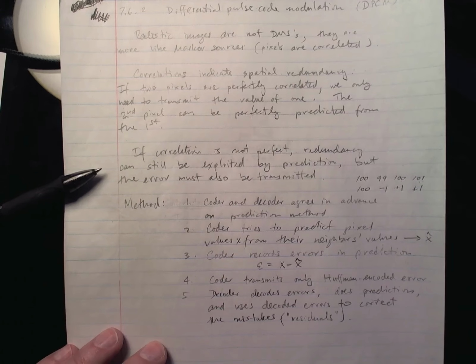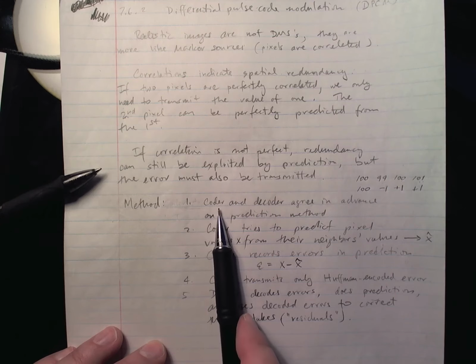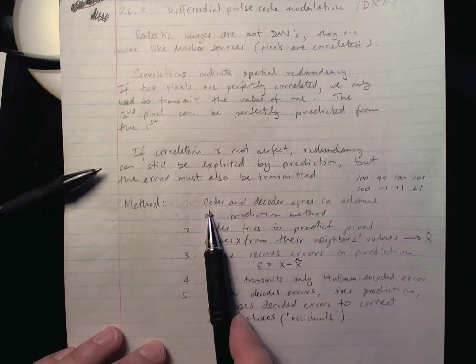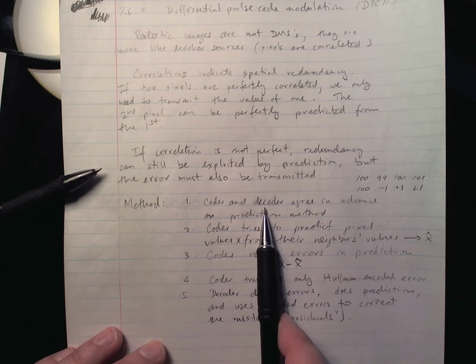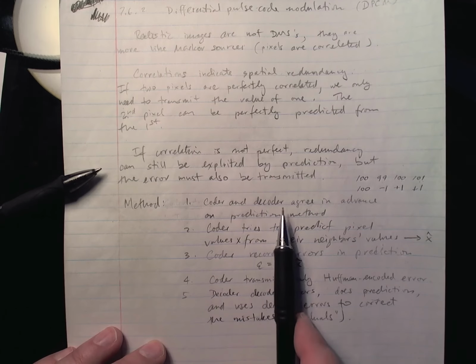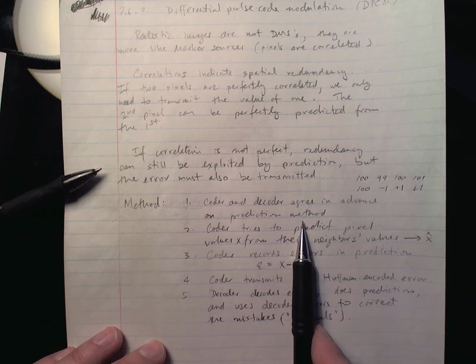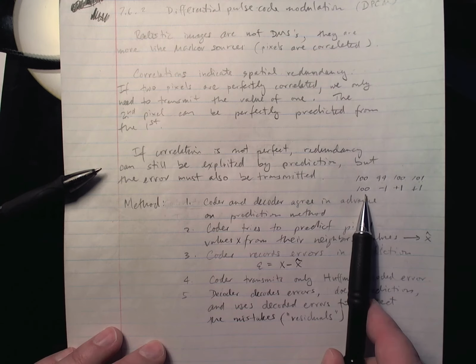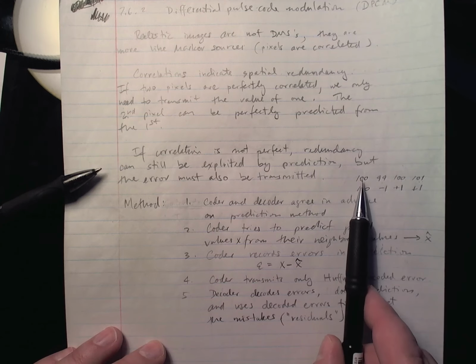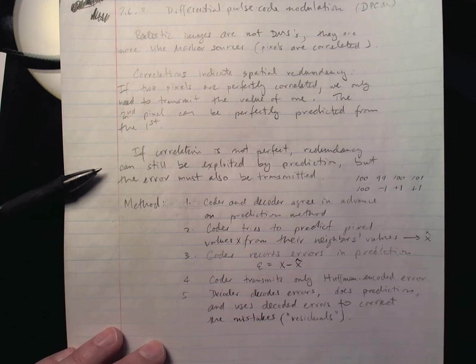Okay? So this series of steps here describes what I just spelled out. The steps are that the coder, that's me, the sender, and the decoder, that's you, the receiver, agree in advance on the prediction method. So in my little example, the prediction method was to guess that the next pixel is the same as the previous pixel.